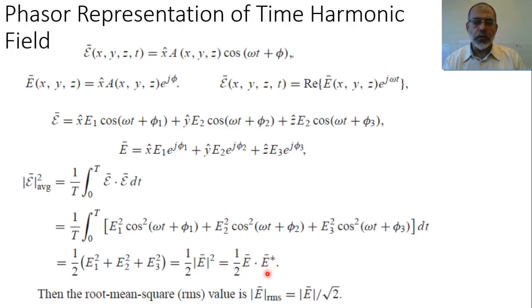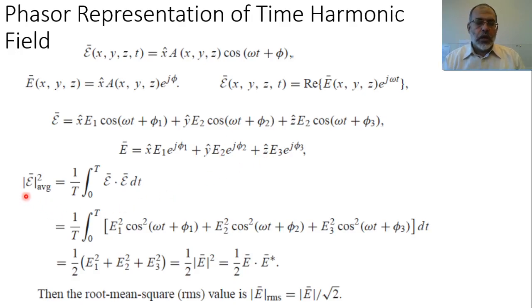In other words, E dot E conjugate is the magnitude of the electric field squared. The magnitude of the electric field squared is the magnitude of the x component squared plus the magnitude of the y component squared plus the magnitude of the z component squared.